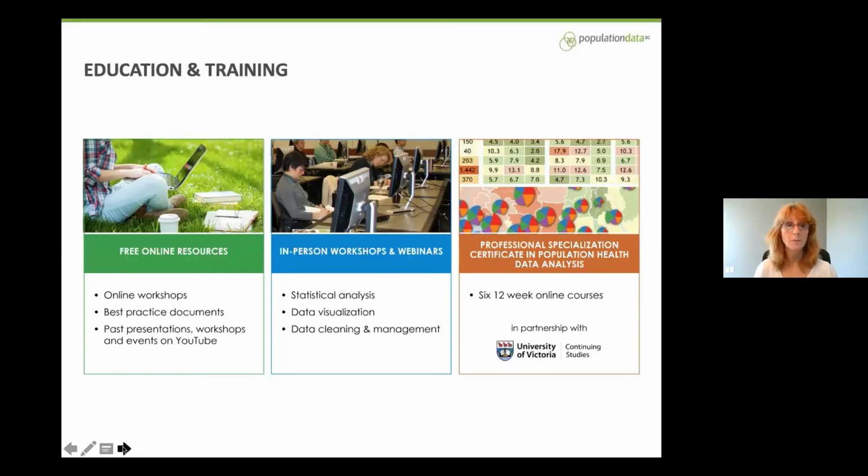Then there are in-person workshops and webinars, and these are usually fee-for-service webinars or workshops on topics such as statistical analysis, data visualization, and data cleaning and management, just to name a few. We also have a professional specialization certificate in population health data analysis, and this is offered in partnership with the University of Victoria in Continuing Studies and the Department of Geography at UVic.